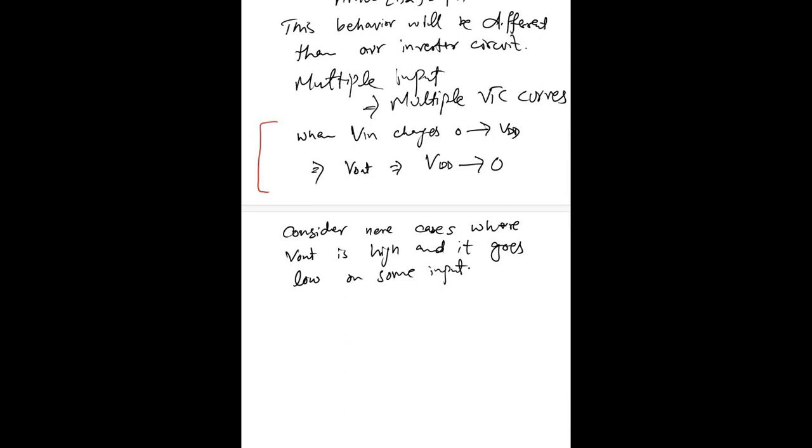We are considering a case where Vout was high and it decreases, as we have been seeing in our VTC curve.